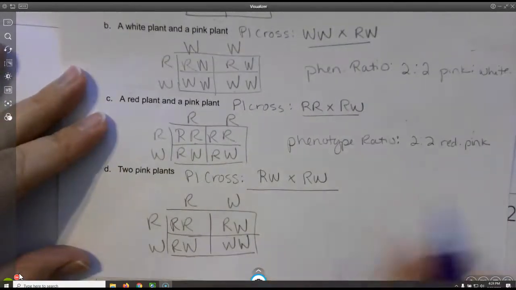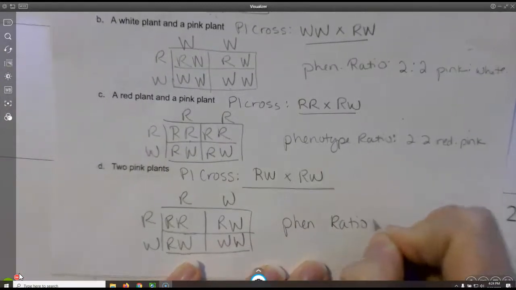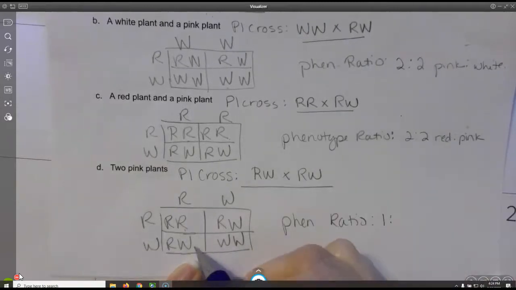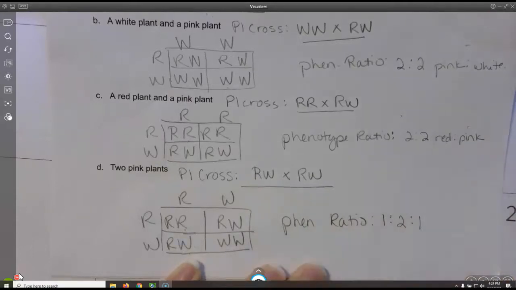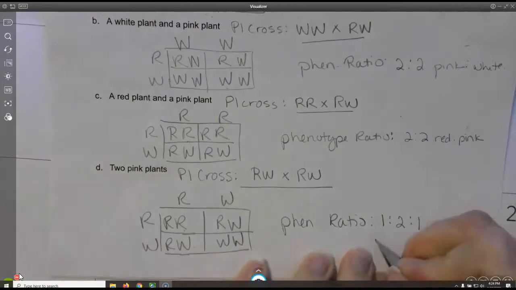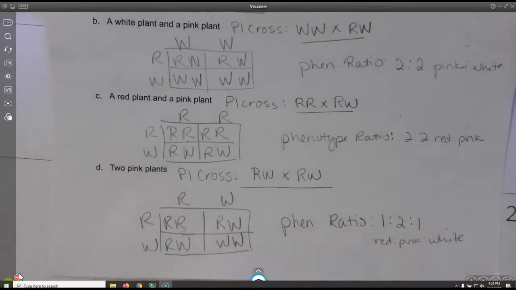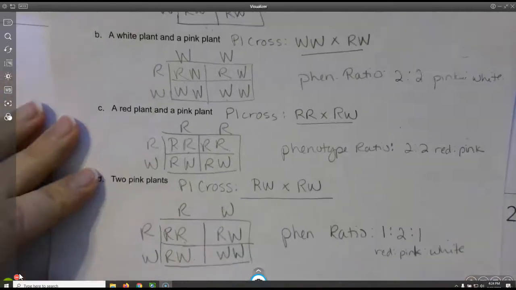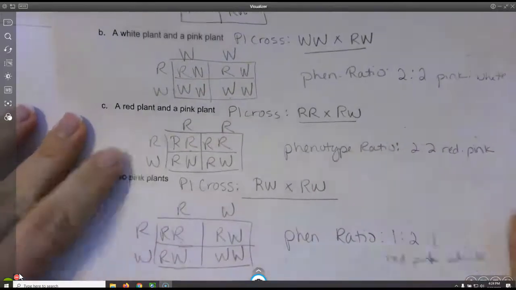W and W. This time our phenotypic ratio is 1 red, 2 pinks, and 1 white. You can write that red to pink to white. Hopefully that makes sense. Sorry about my scribbly writing. And that's the end of number 1.